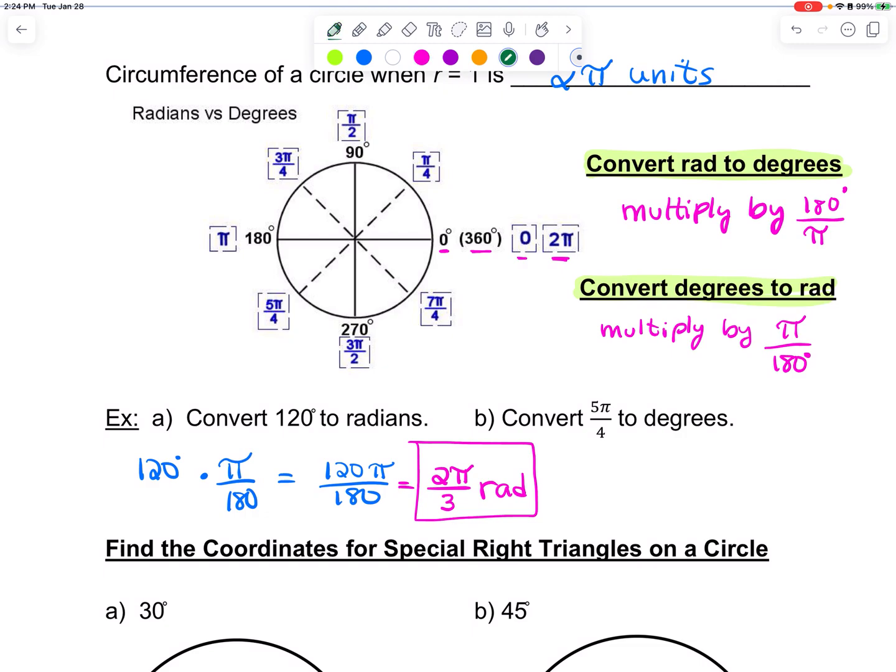We can do the reverse. We want to get rid of our pi, so pi goes in the denominator.